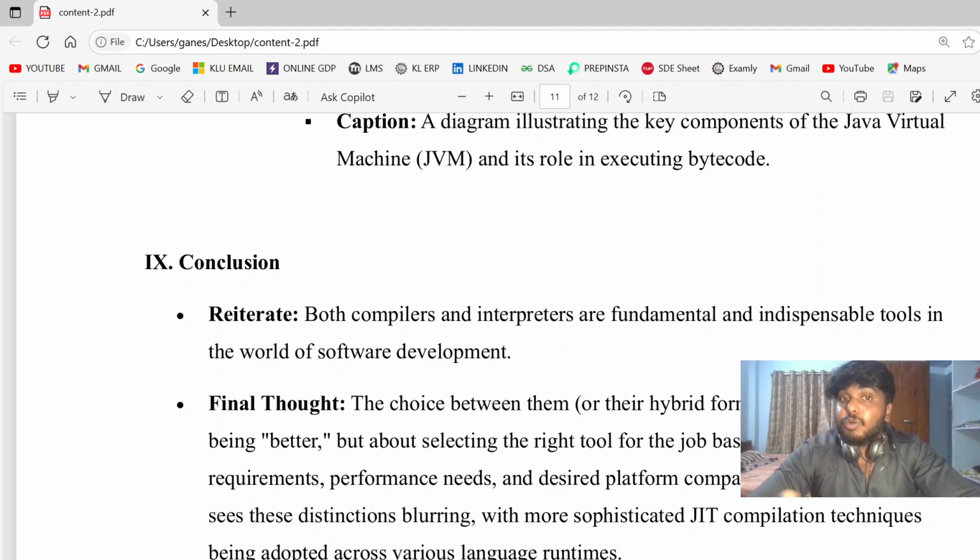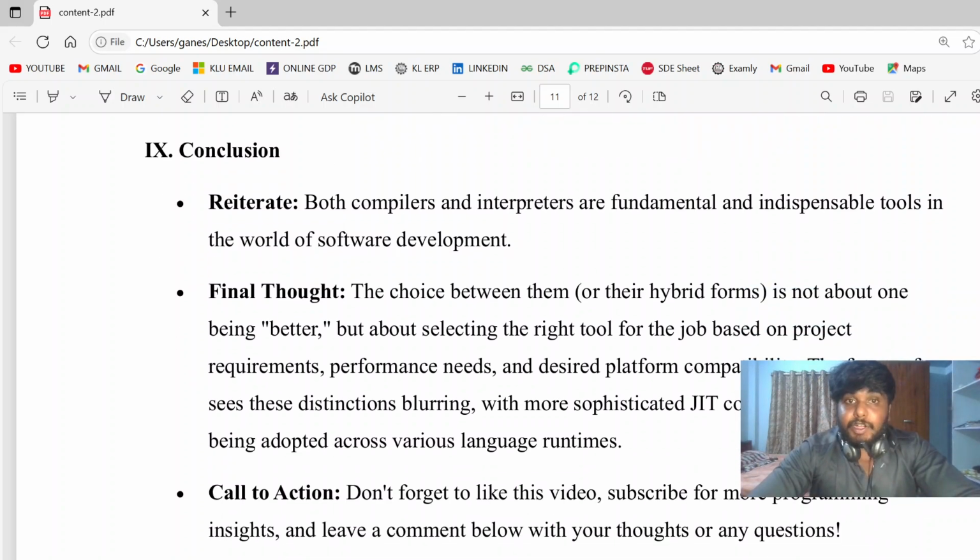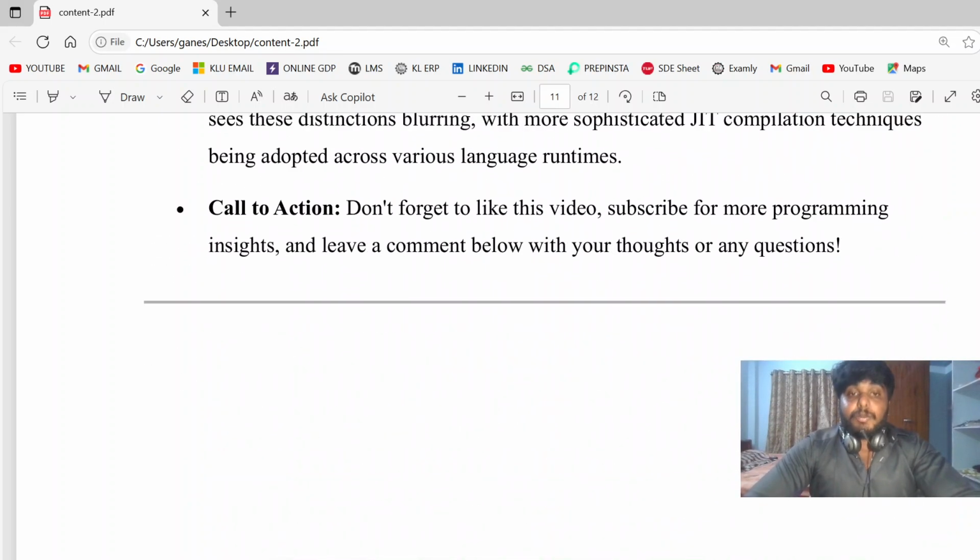So the conclusion is that both compilers and interpreters are fundamental, indispensable tools in the world of software development. Final thought: choosing a compiler or an interpreter is not about which is better or which is not better. It's about what suits our project, what suits our agenda.